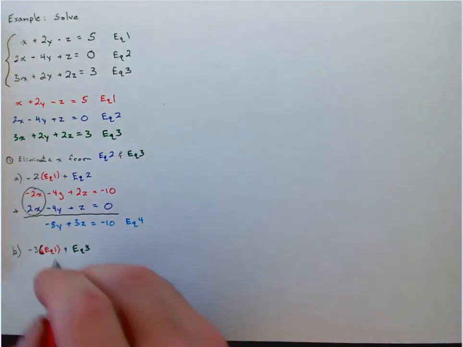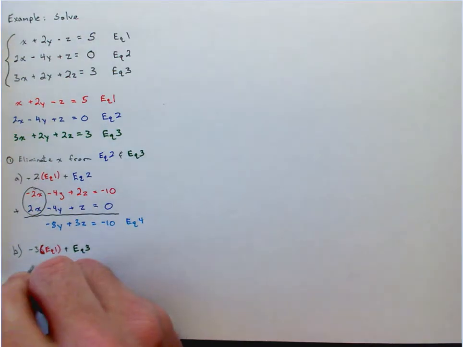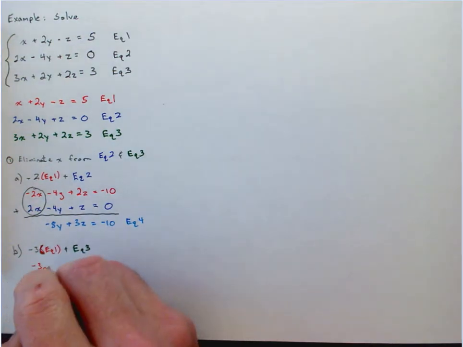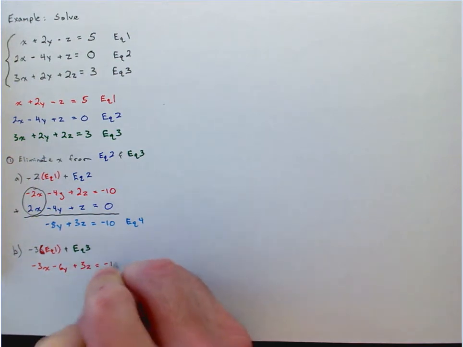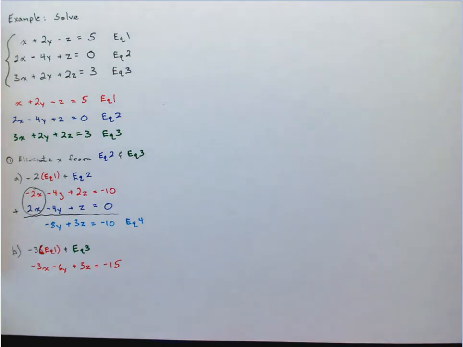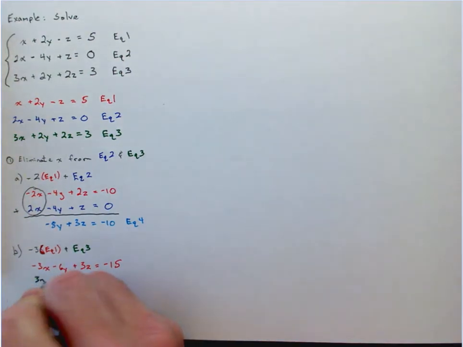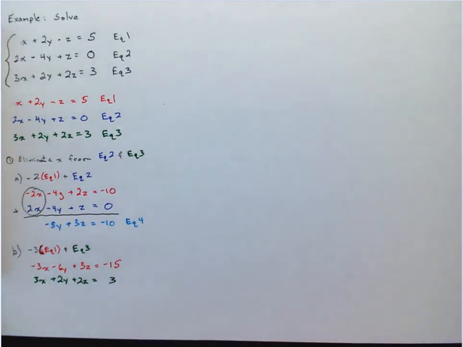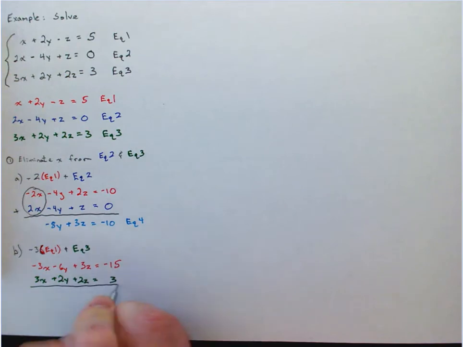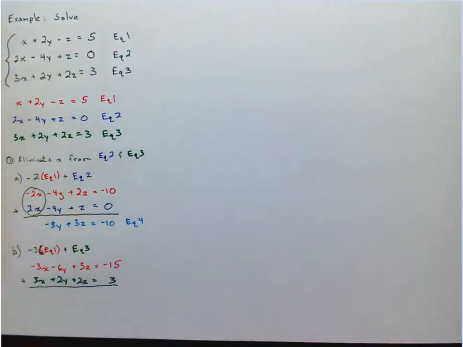And what I end up with is -3x minus 6y plus 3z equals -15. And I'm going to add them together to give me equation 5.